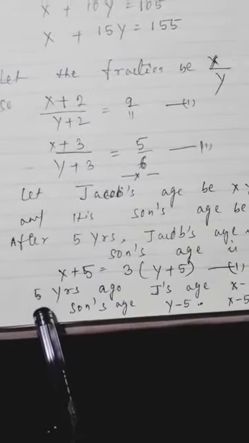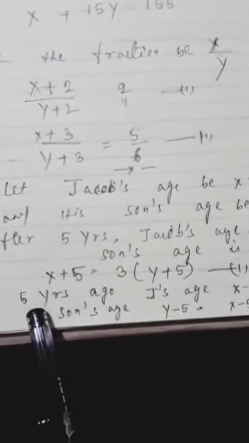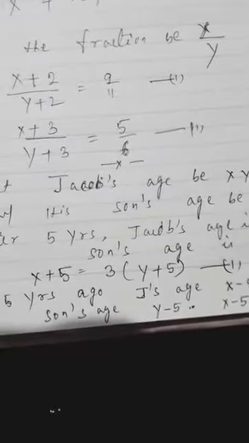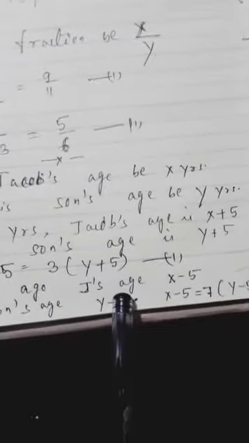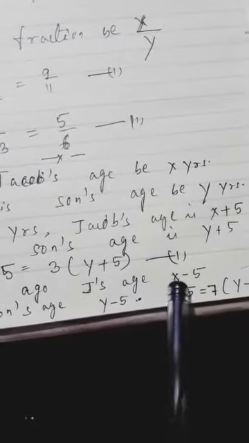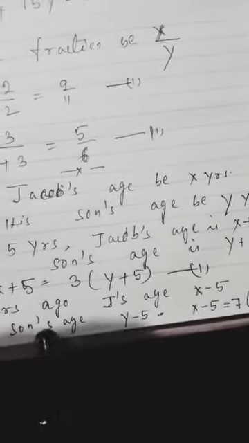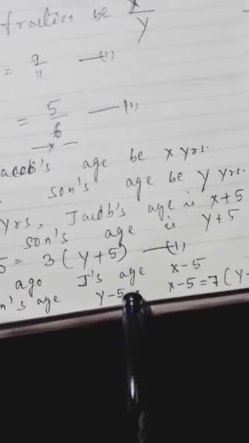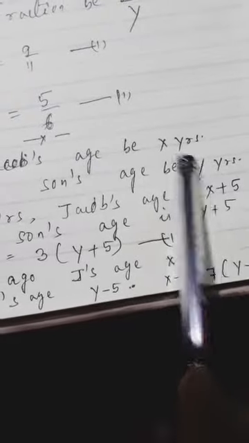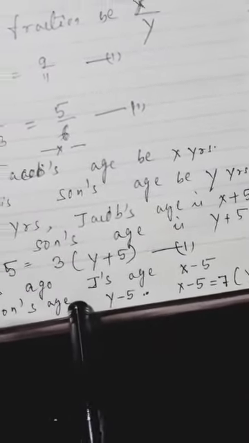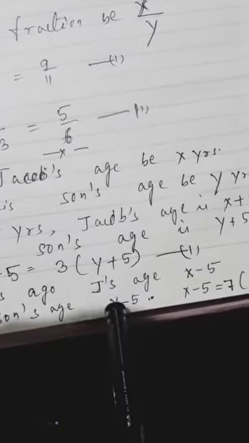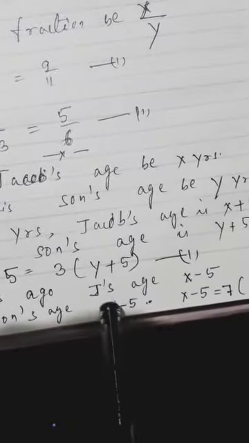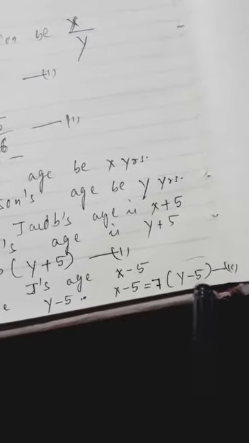Again, in the second part of the question, what is given? 5 years ago, before 5 years, Jacob's age must be x minus 5 and his son's age must be y minus 5. x and y are their present ages, and also it is given 5 years ago, Jacob's age was 7 times his son's age.